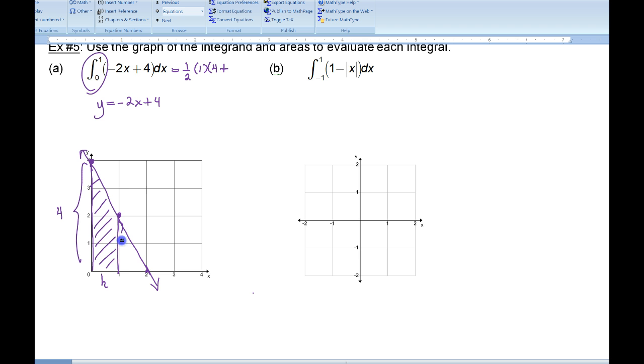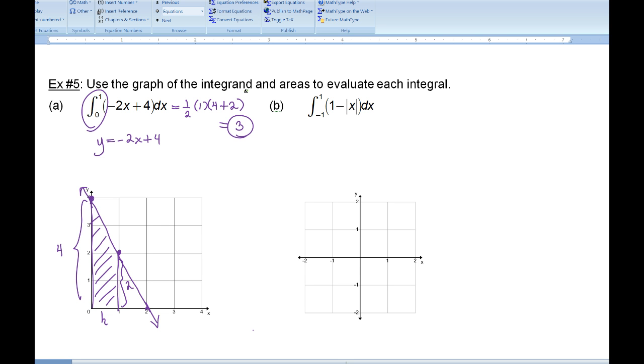And base 2? So 1/2 times 6, so we get 3. That gives us the area under the curve from 0 to 1 of negative 2x plus 4. You can plug this into your calculator to check. There's no units for these.